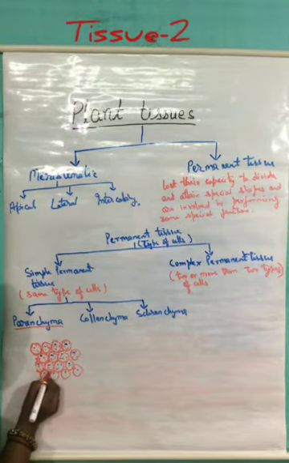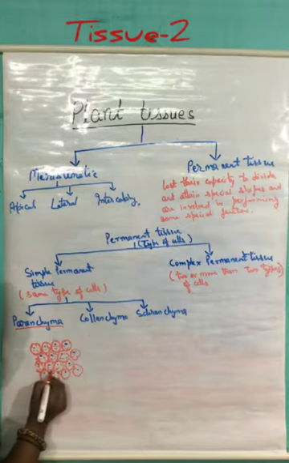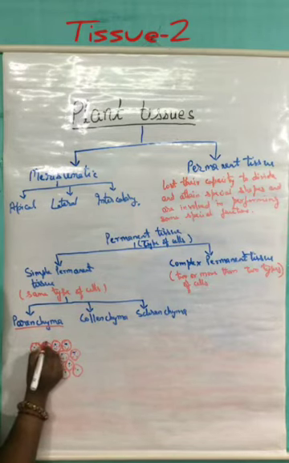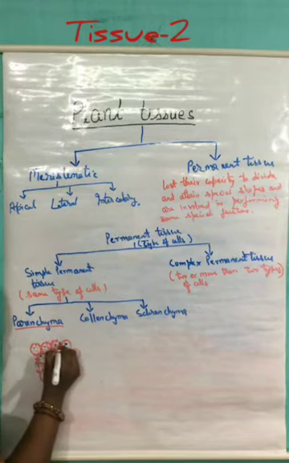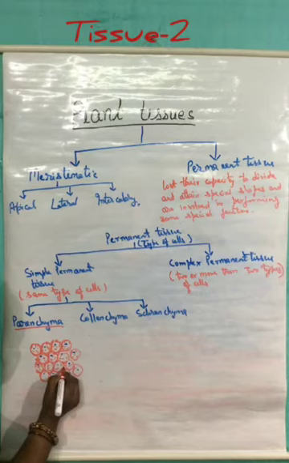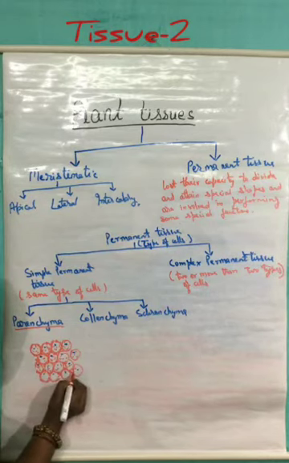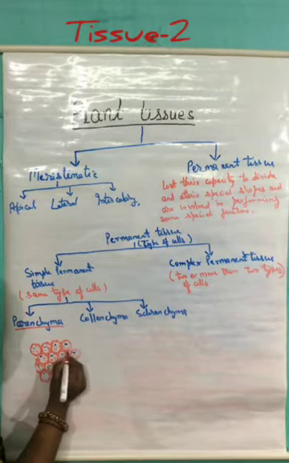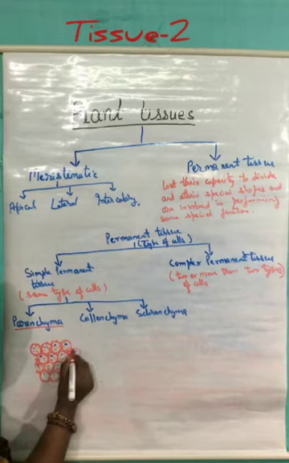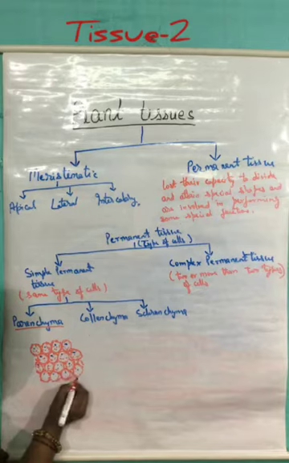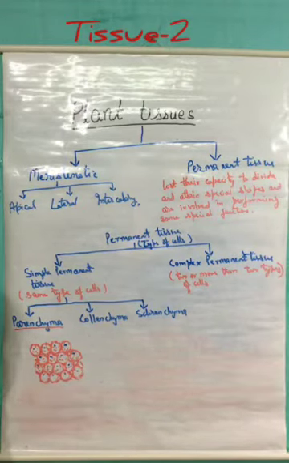So at the corner, the thick deposition of pectin takes place. Because of this, the cell wall is thickened at the corners. We can see there is a thick deposition of pectin. That means the collenchymatous cells are also originated from the parenchymatous cells.